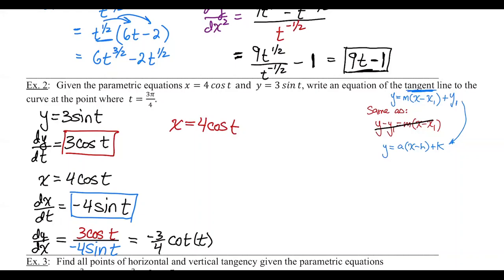I'm getting my color schemes messed up here, so let me change this over to blue. Sorry, I think that was incomplete.